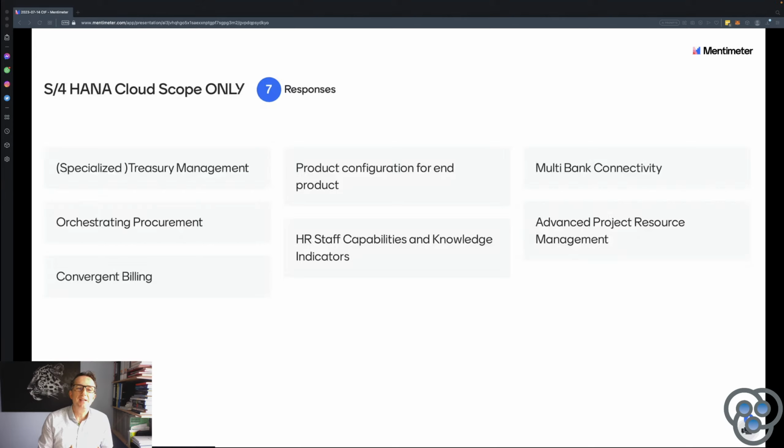But how can we know systematically and based on facts, completely in a way that is not dependent on feelings, not dependent on luck or bias, which are the differences between S/4HANA Cloud and SAP Business ByDesign? So how can we know that? Yeah, that is the question we have.